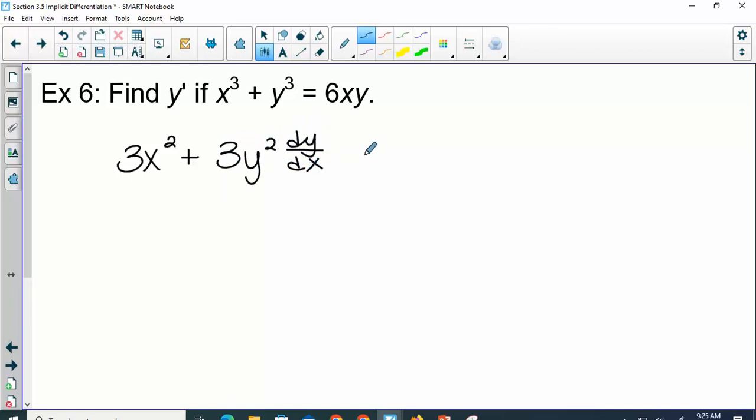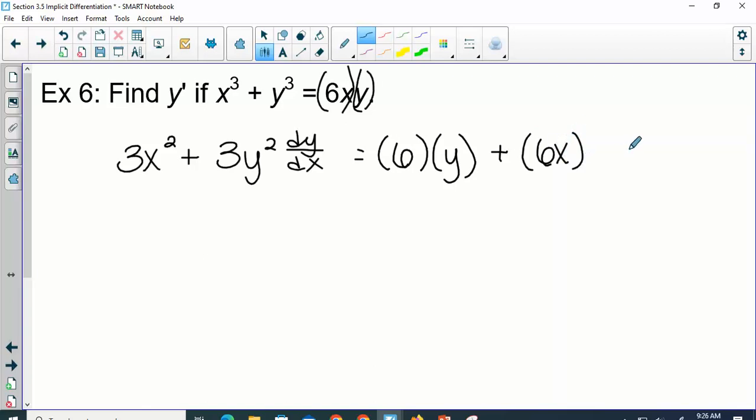Okay. Now 6xy. Notice it has two variables. So what do we have to do? Product. We have to think of it as a 6x times a y. So derivative of the first, derivative of 6x is 6 times the second plus the first, derivative of the second. Derivative of y would be dy dx.